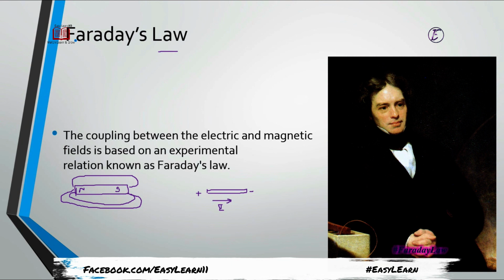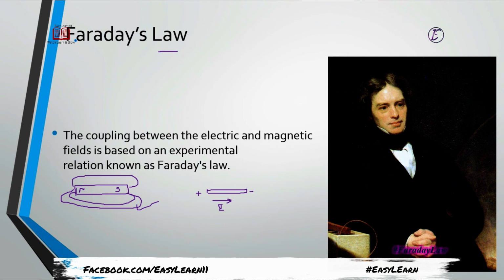So it shows that there is a relation between the magnetic field and the electric field, meaning current and magnetic fields. What is the relation explained by Faraday? It is based on experiments. He performed so many experiments, and finally he succeeded and showed this, which is a very useful assumption.